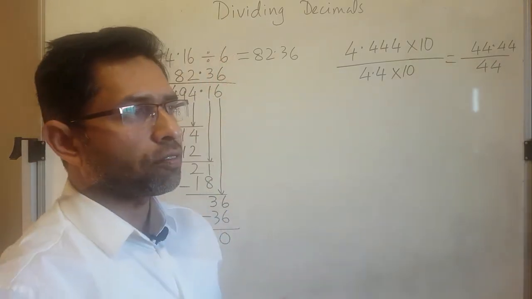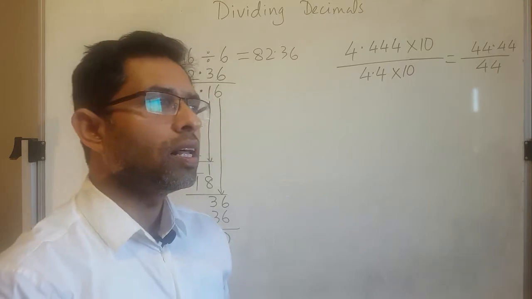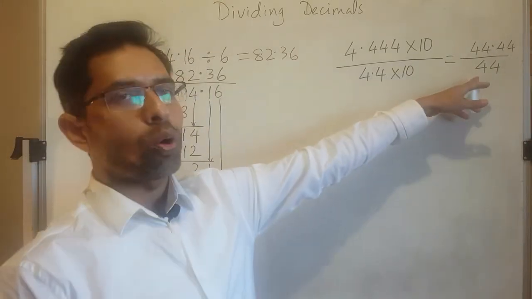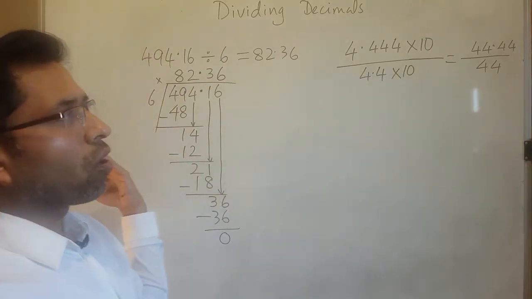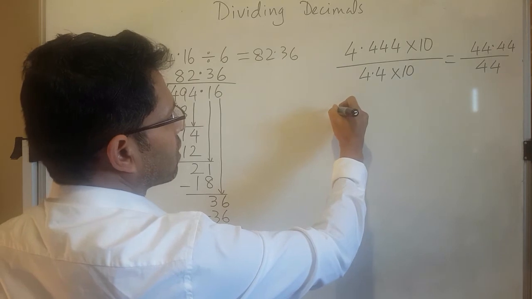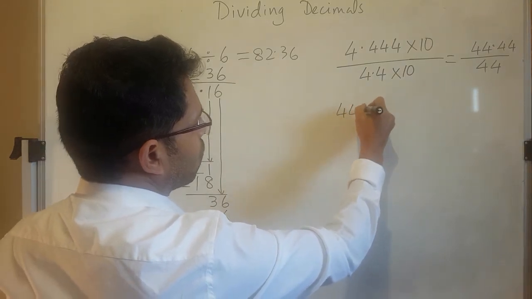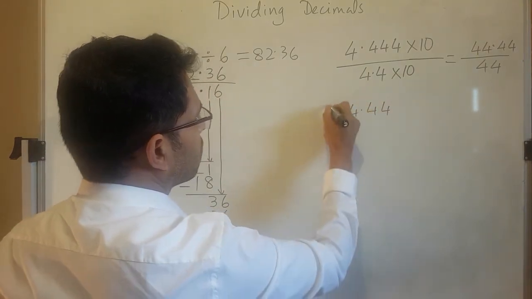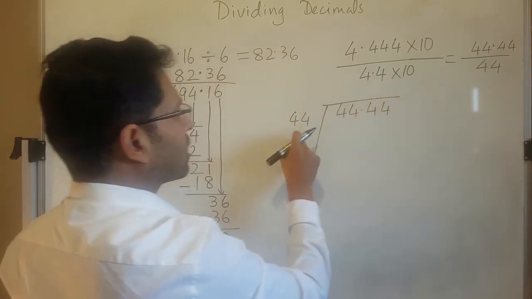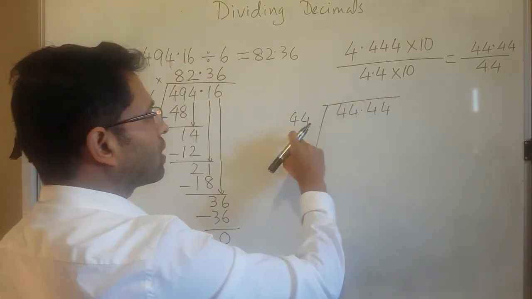So our first step, if we have a decimal divisor, is to eliminate the decimal and make it a whole number, and then we can use the long division method. So in this case, 44.44 divided by 44.